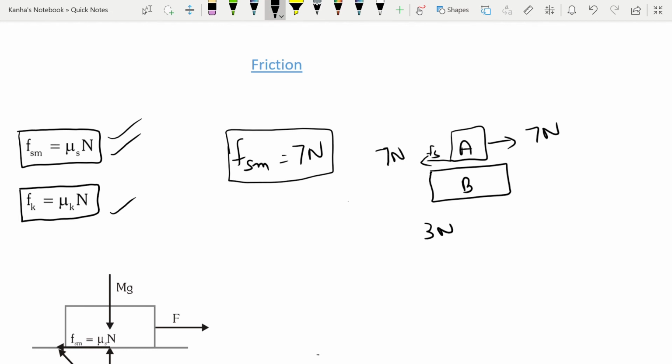Till this point the static friction is acting, and we can say that it restores itself. But right after 7 Newtons, if I go to 7.2 Newtons, then it is not able to apply any more force, so the body starts to move.